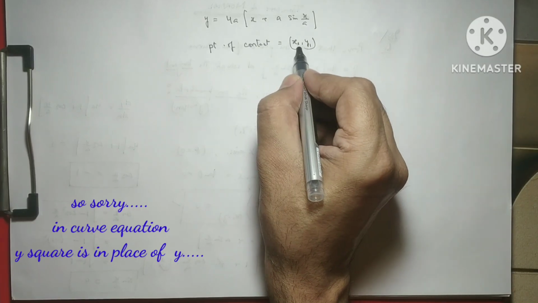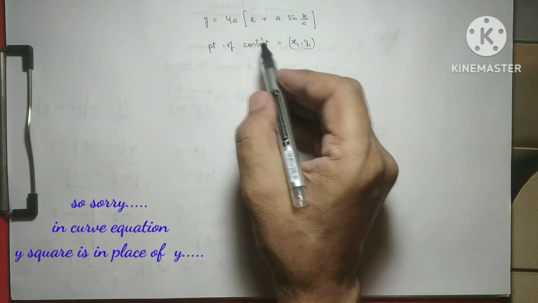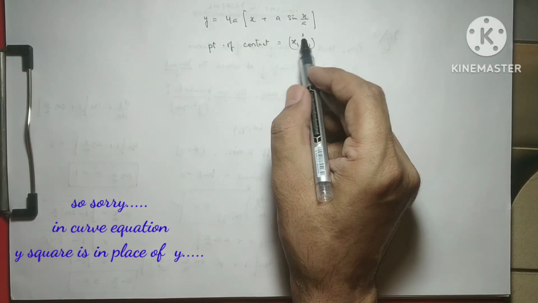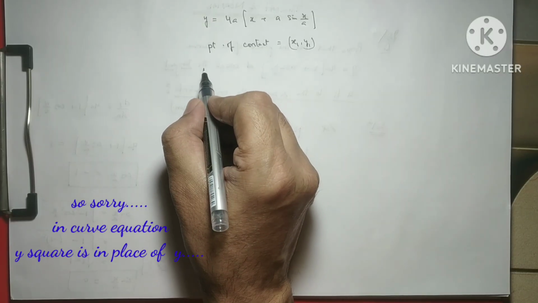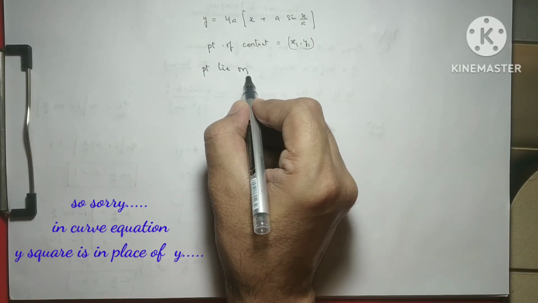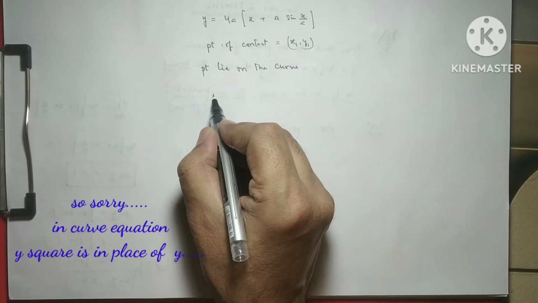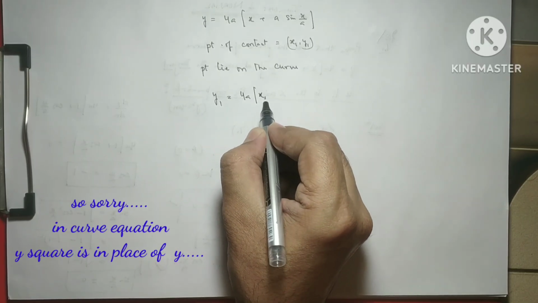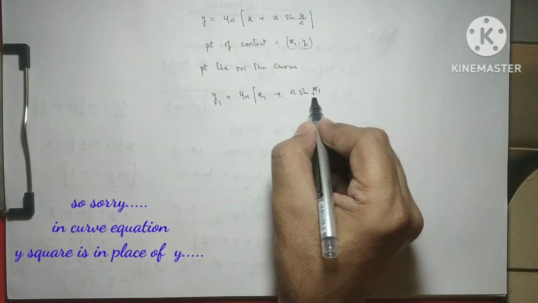So if this point lies on this parabola, the equation of this curve should be satisfied by this point. That means y1 equals 4a x1 plus a sin x1 over a.